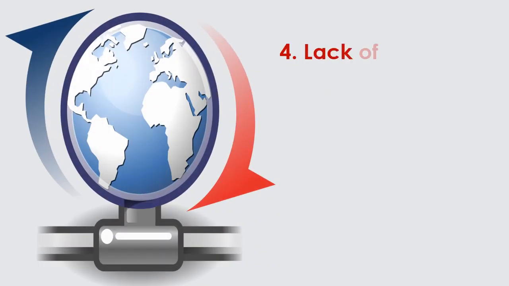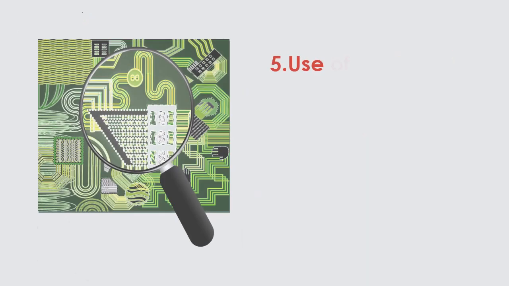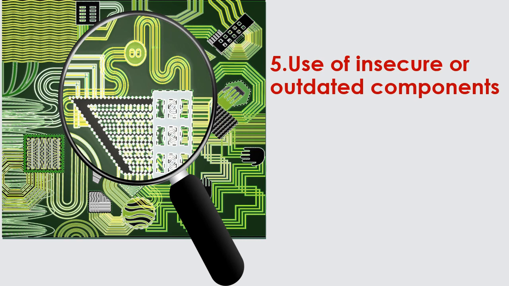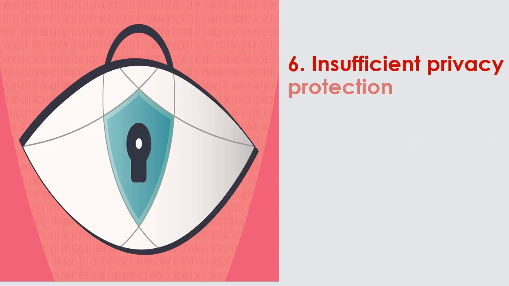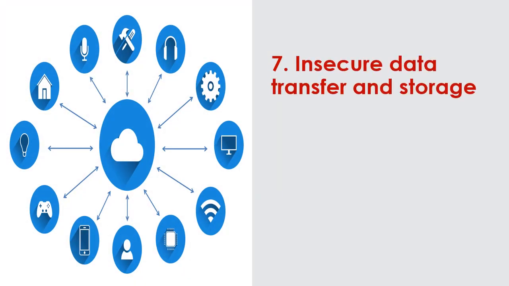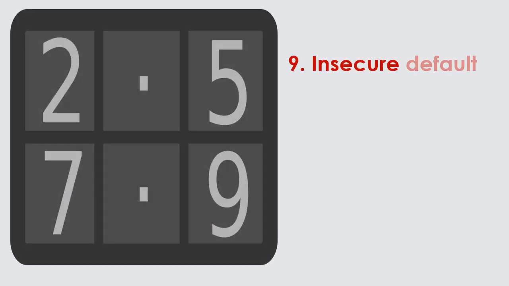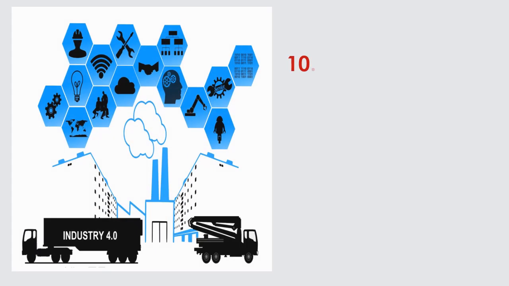Lack of secure update mechanism. Use of insecure or outdated components. Insufficient privacy protection. Insecure data transfer and storage. Lack of device management. Insecure default settings. Lack of physical hardening.